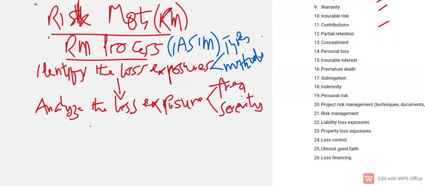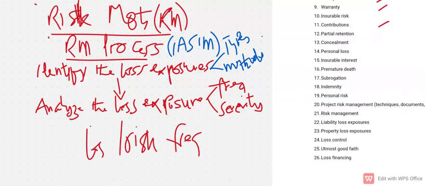Frequency and severity. What is frequency? Sometimes the question could be: define risk frequency. And I've told you, when the question says risk frequency, what other name can you use for it? Let me see whether you remember what you did yesterday. Loss frequency. Very good. So it can be risk frequency or loss frequency.